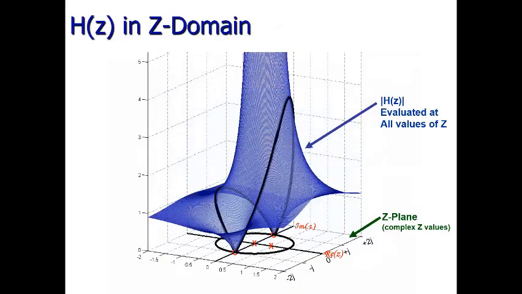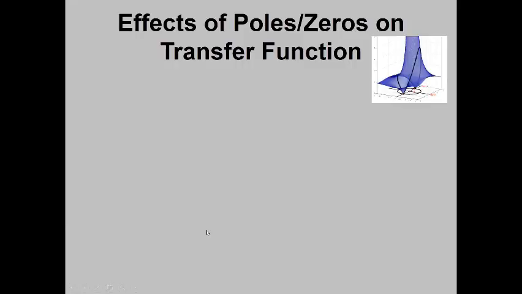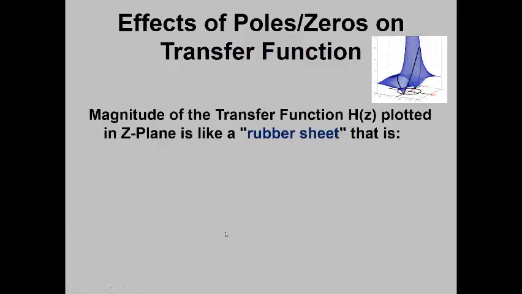And it might look like this if we looked at it from the side view, where our pole-zero diagram, our z-plane, is down here in the base. And this is a plot for that last function that we had, the magnitude of that function plotted versus all possible values of z on this grid. And we see some interesting things about this.